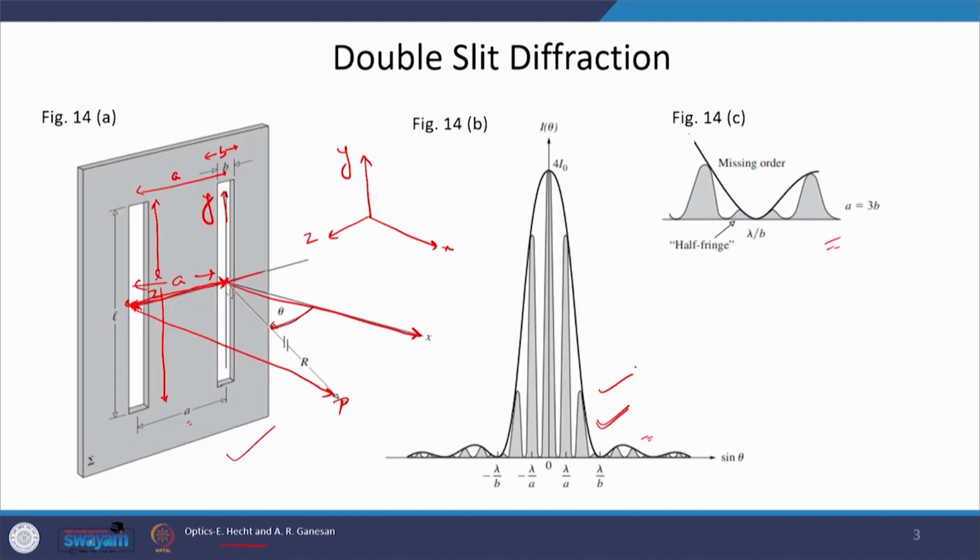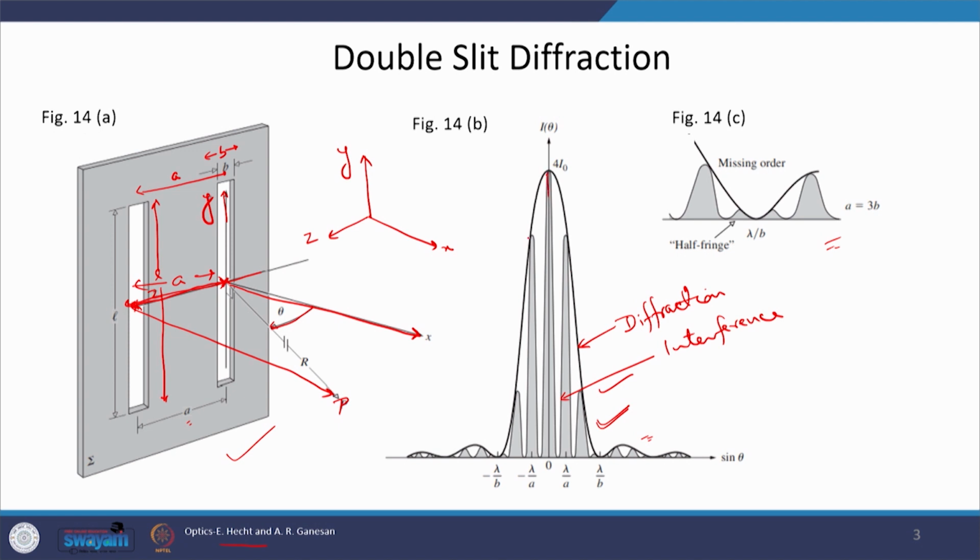You can easily calculate the maxima and minima of diffraction and interference from the conditions, and you see that this envelope is the diffraction envelope, while the shaded peaks are interference fringes. Due to diffraction, these interference fringes get modulated.